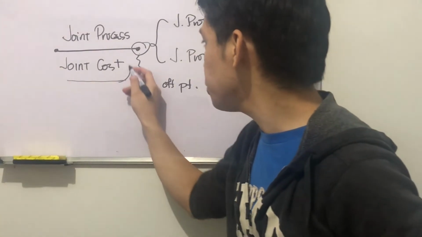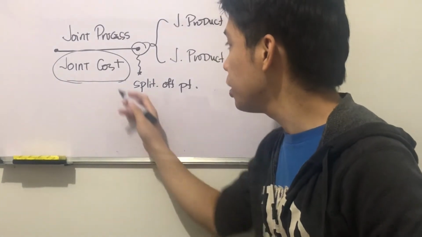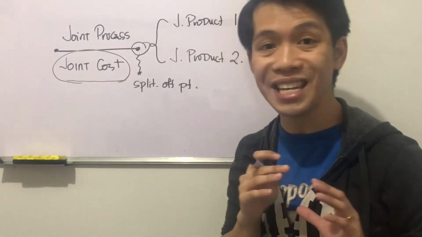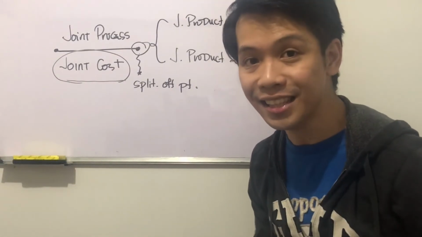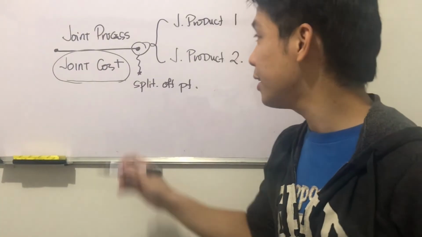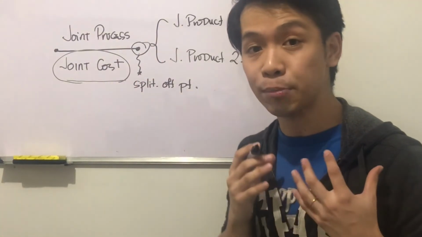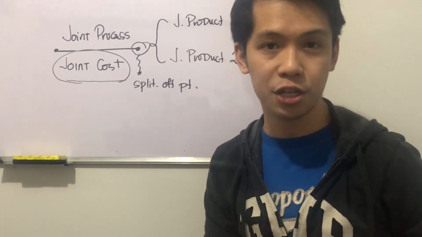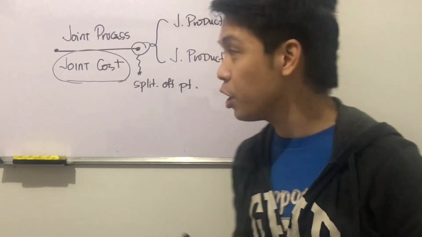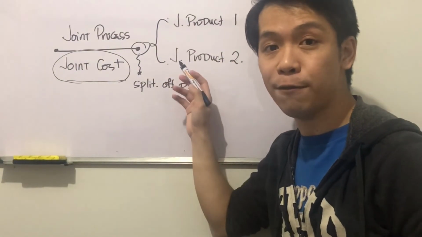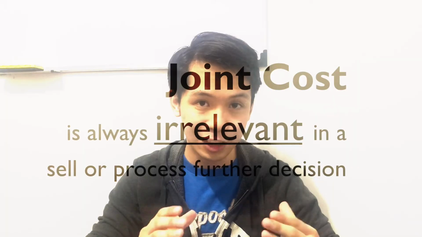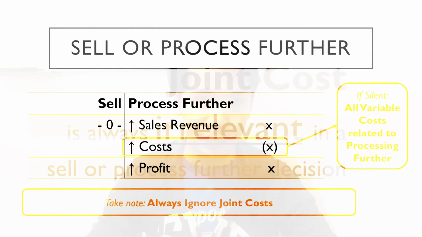So when it comes to a sell or process further type of decision, joint costs will be irrelevant for the reason that it is incurred in the past, a sunk cost when we are already at the split off point, and the fact that it is not going to be differential between the two alternatives. Whether you sell the products as split off or process them further, the joint cost is already incurred. Remember, joint cost is always irrelevant in a sell or process further decision.